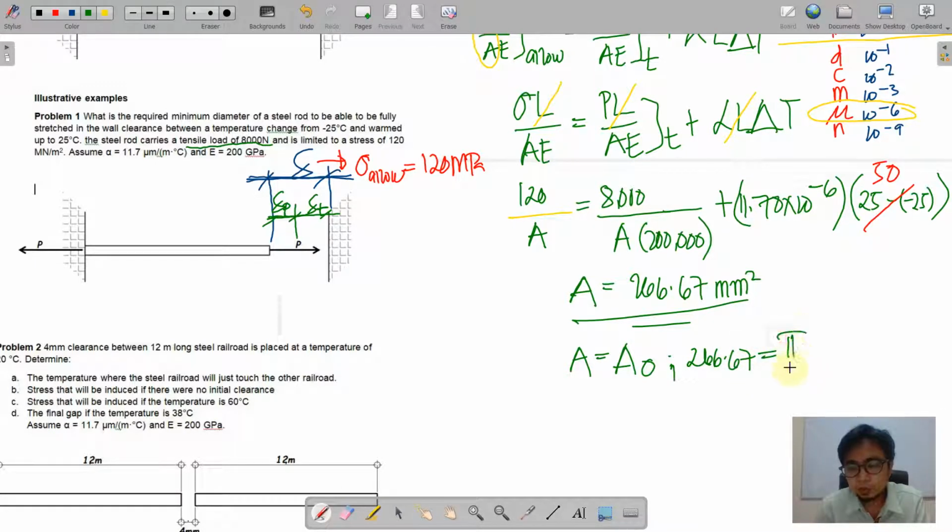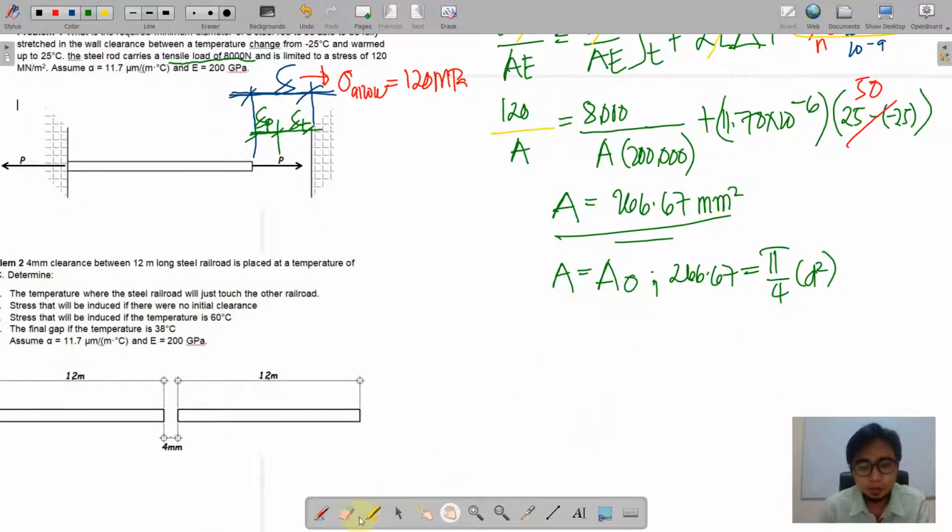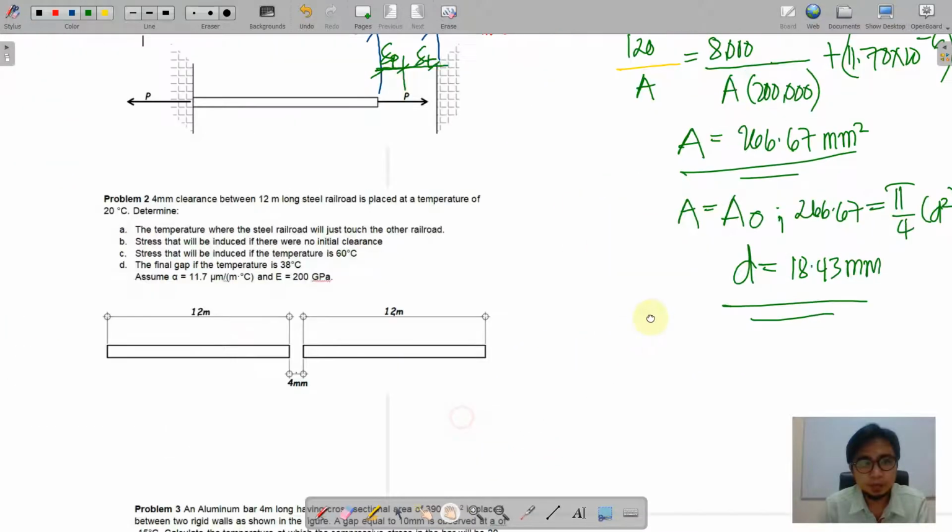We have a circular cross-section, pi all over 4 times the diameter, which is unknown, actually, d squared. Okay, so finally the diameter is found to be 18.43 millimeters. Okay, so this is problem number 1.